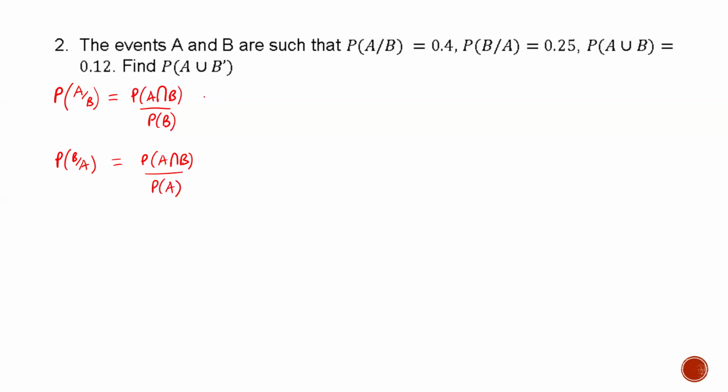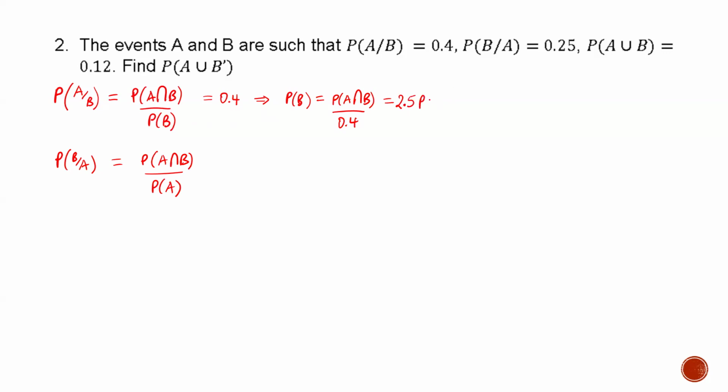Now, if this is 0.4, this means that the probability of B is equal to the probability of A intersection B divided by 0.4. But dividing by 0.4 is the same as multiplying by 5 over 2, since 0.4 is 2 over 5.